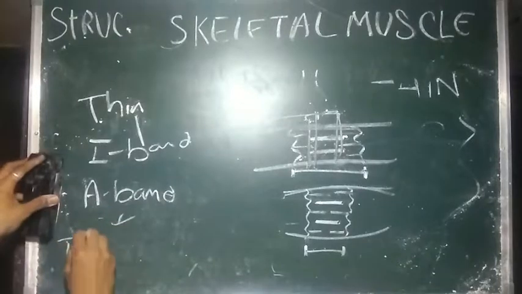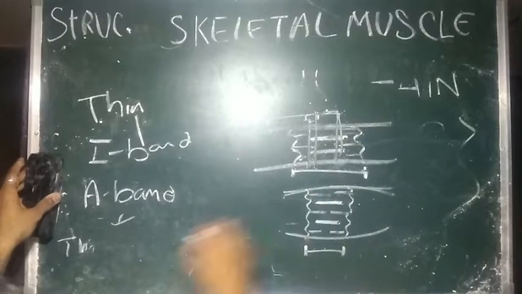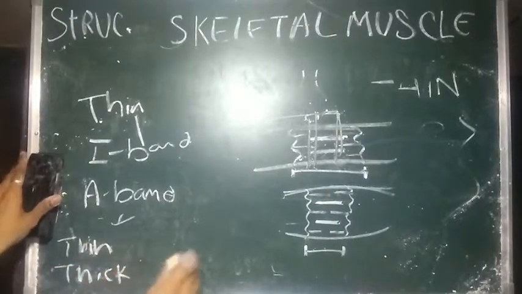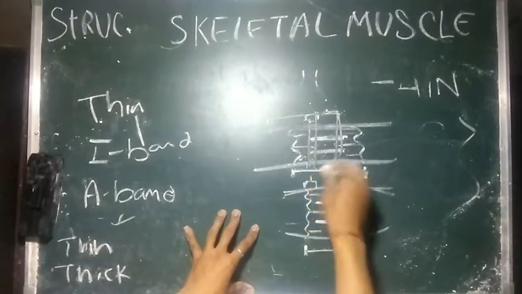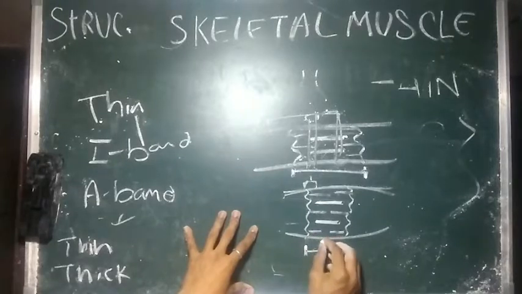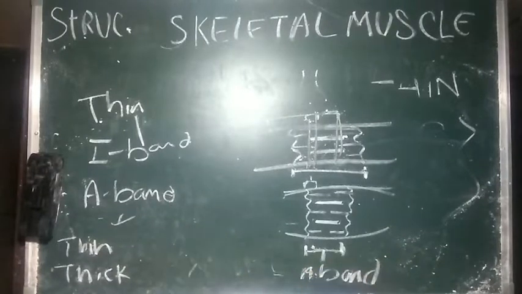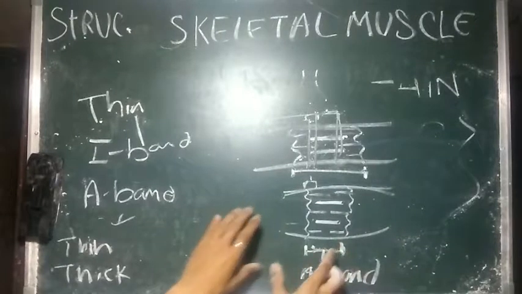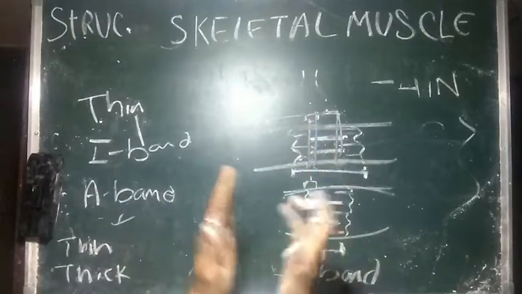During contraction, you will notice that the I band has shortened, whereas the length of the A band has remained the same. The length of the A band remains the same as it was initially, and the I band has contracted.